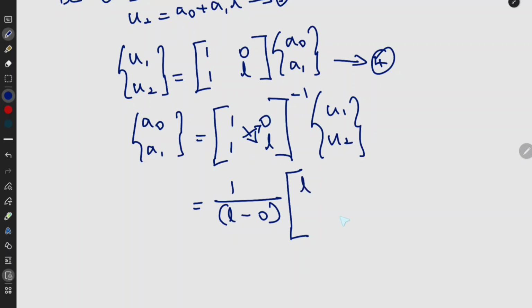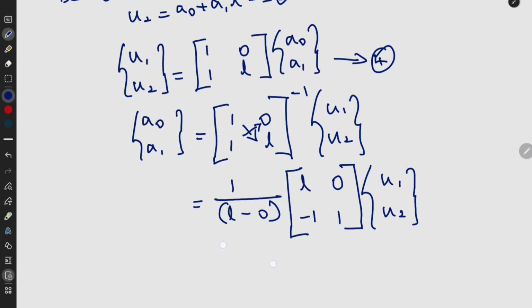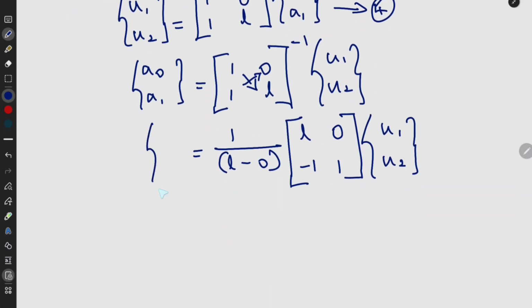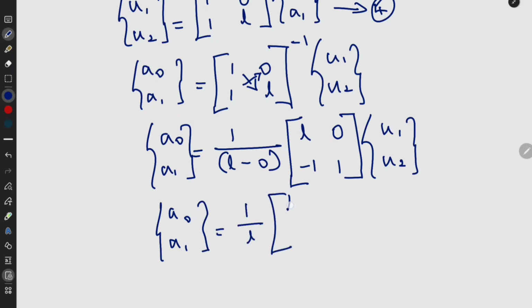So it is L and 1, here it is 0 and here it is minus 1, and the right side vector is u1 and u2. This is the value of a0 and a1. Further we can simplify this: a0 and a1 is equal to 1 by L times the matrix L, 0, minus 1, 1, times u1 and u2.